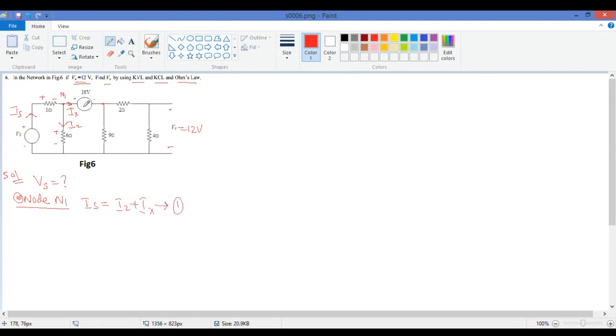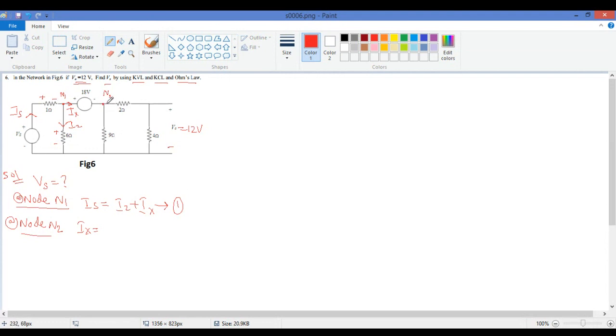Then here, I will call this node 2. Again at node 2, we'll apply KCL. At node 2, Ix is getting divided again into two parts.